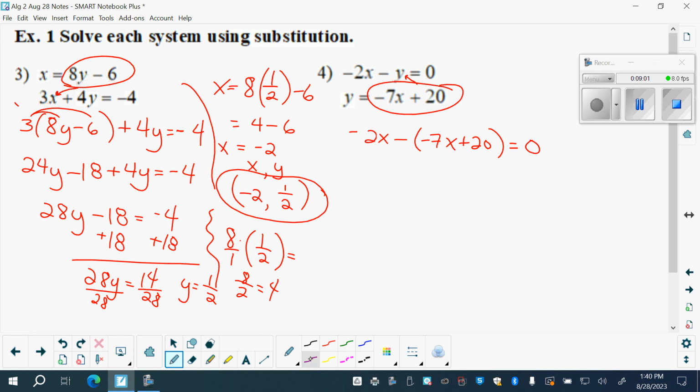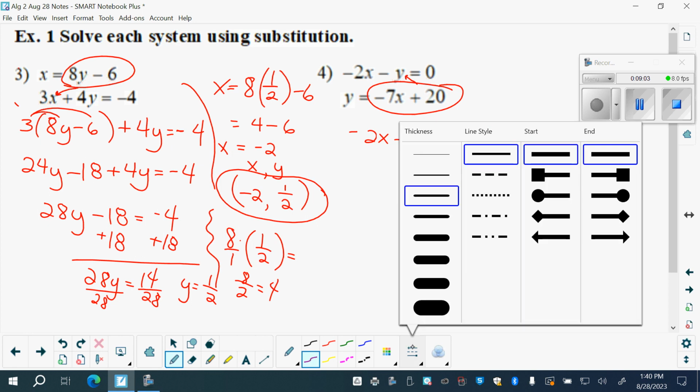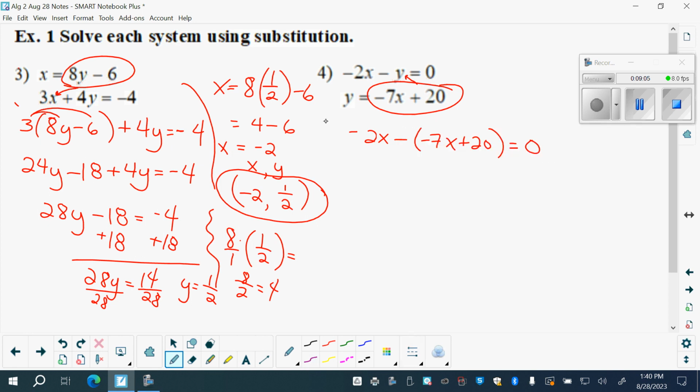So this is like plus a -1 times each of these. So we get -2x. -1 times -7x is +7x. -1 times 20 is -20, and that's equal to 0.